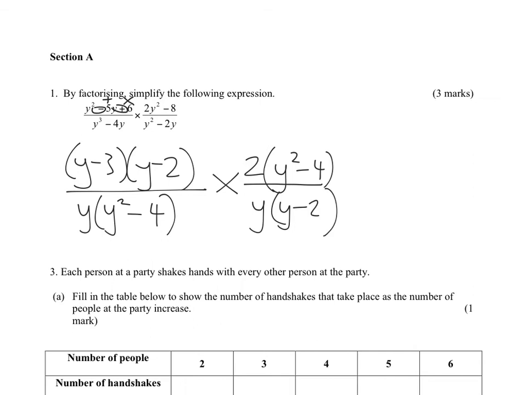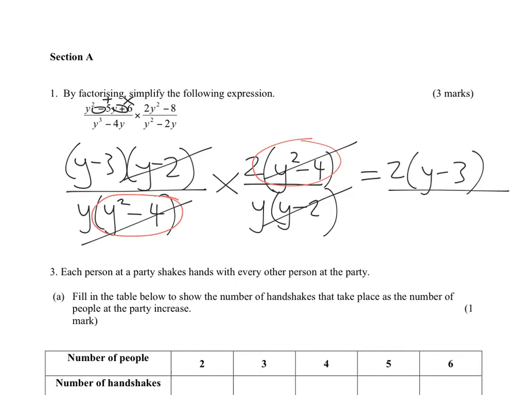Now, do we see anything on top with anything down on the bottom? This one here is a difference of two squares, so that would be (y minus 2)(y plus 2), same as that, but because they're the same, we can just cancel them out right now. The y minus 2 for the y minus 2, so we are left with 2y minus 3 on top and y squared on the bottom.